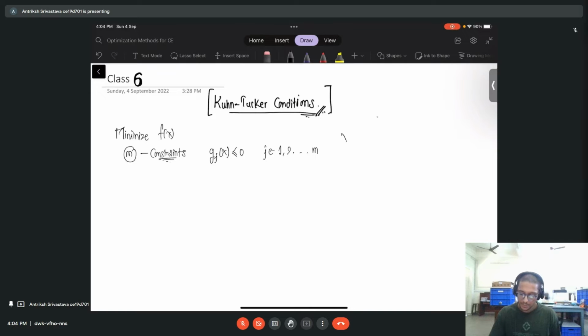And the x here means that this is a function of n variables, x1, x2, up to xn. So in this particular case, what are the necessary conditions for optimization?